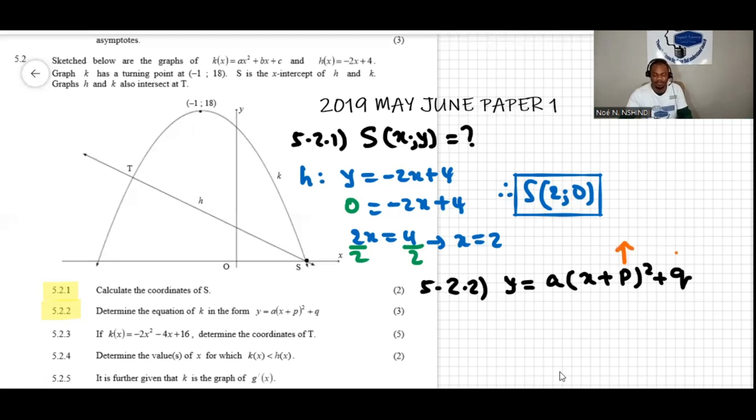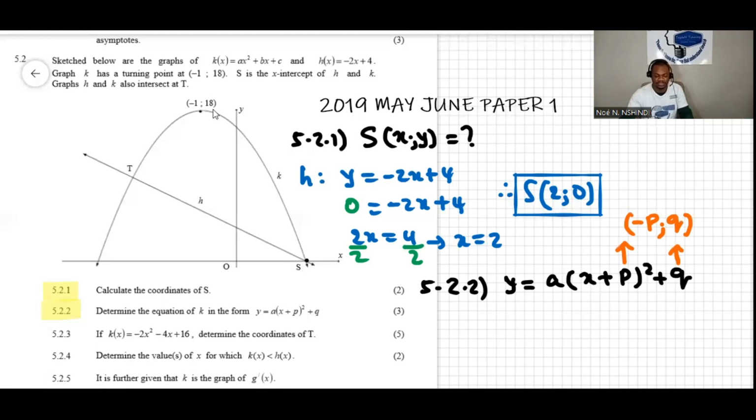The values p and q here are related to the turning point of the equation. So the turning point will be (-p, q). So in this situation, we need to find K in this form. The turning point here is (-1, 18).